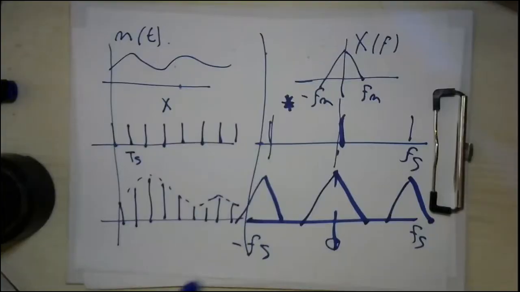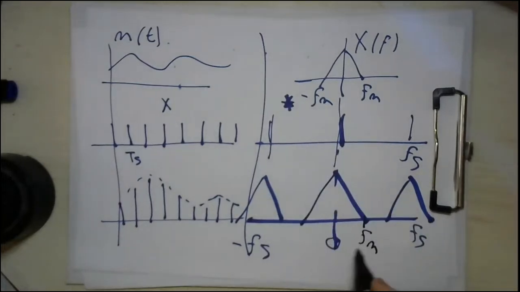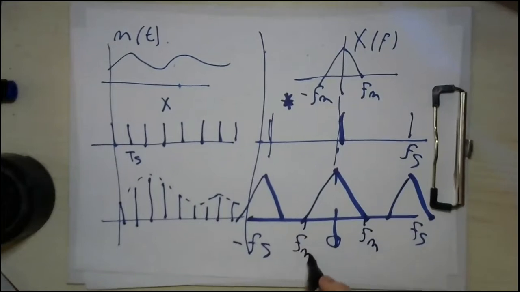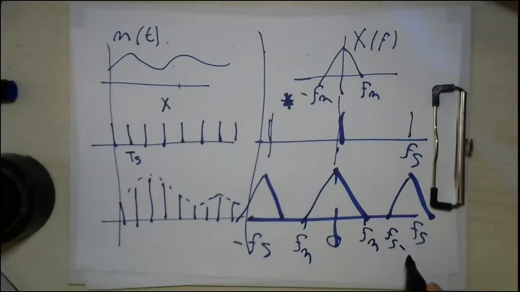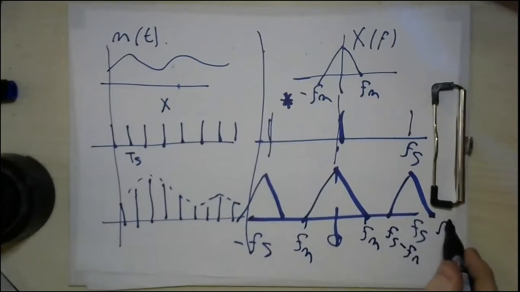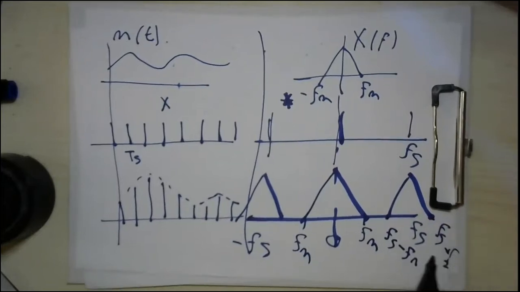Okay, so you agree with me that the first period will come with Fs. And your signal is here Fm, and here Fm. This value is Fs minus Fm, and this value is Fs plus Fm, and so on.